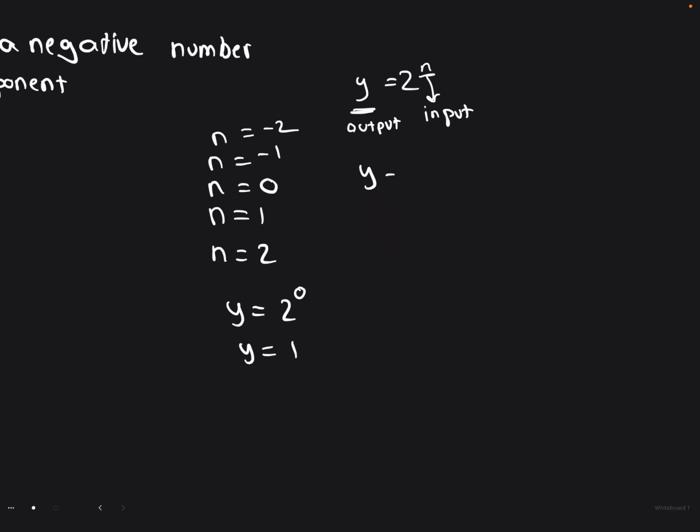Then y is equal to 2 to the 1, which is just 2. Now n is equal to 2, so y is equal to 2 squared, because we're substituting n into the equation.